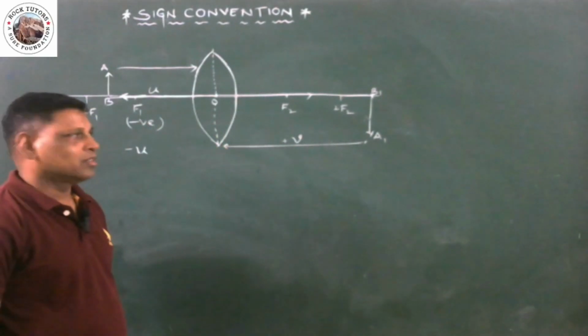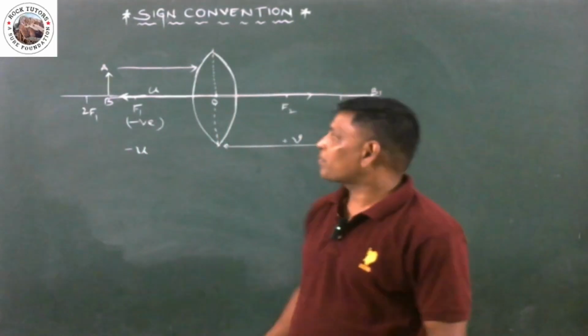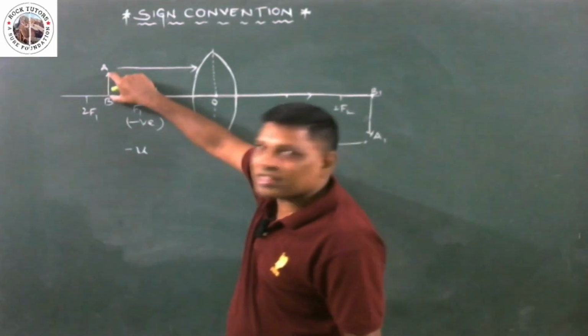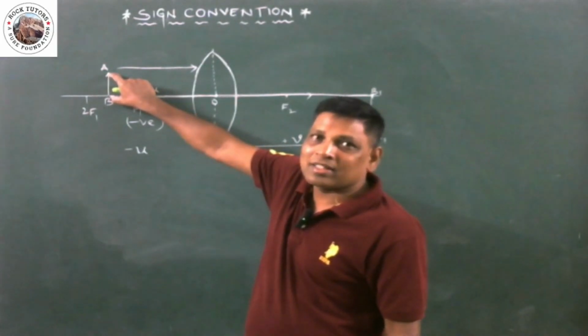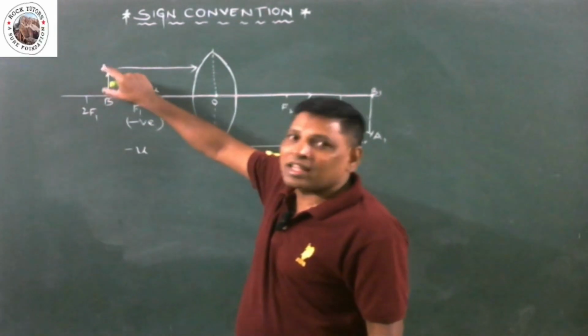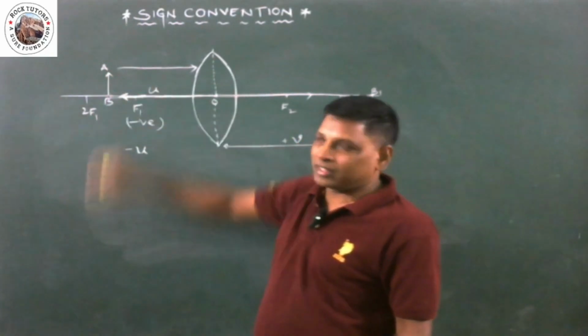Understood? Now here, AB is the size of the object, meaning the height of the object, otherwise the length of the object.